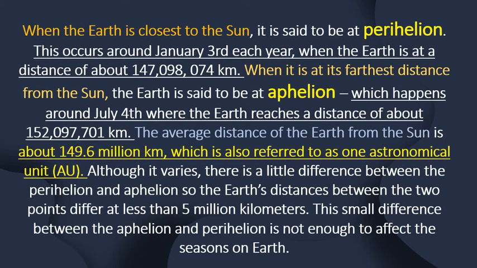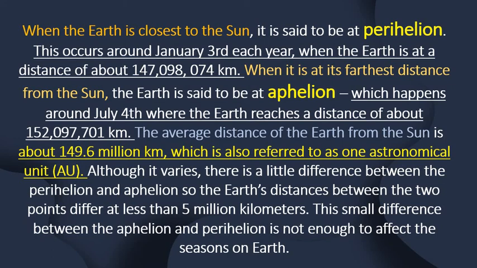When it is at its farthest distance from the sun, the Earth is said to be at aphelion, which happens around July 4th, where the Earth reaches a distance of about 152,097,701 kilometers, which is also referred to as one astronomical unit, or AU.